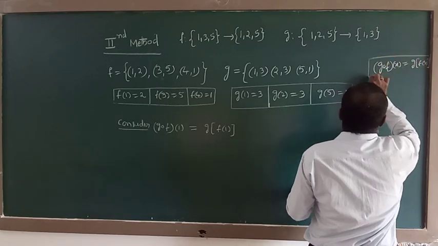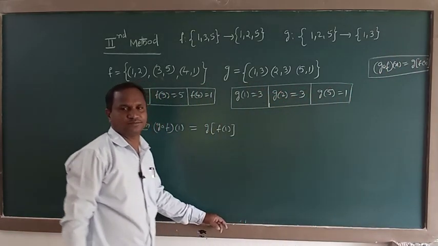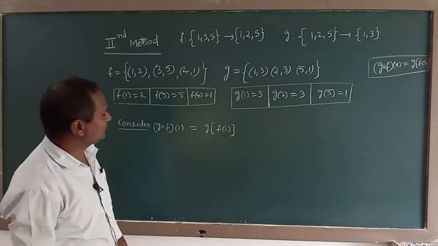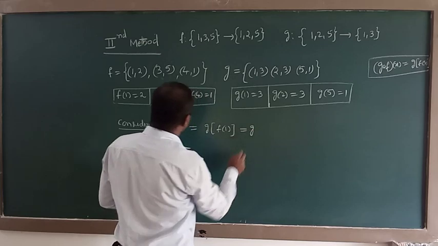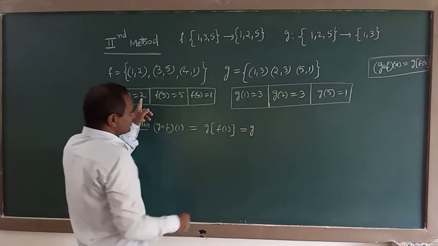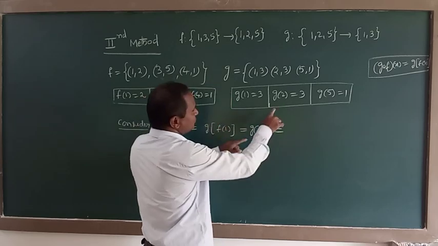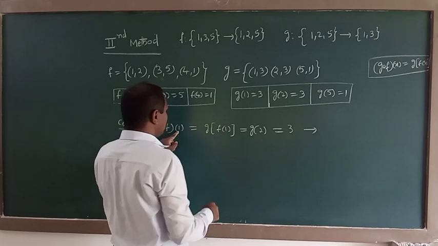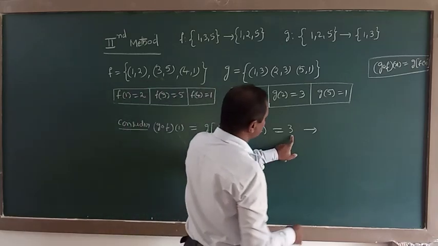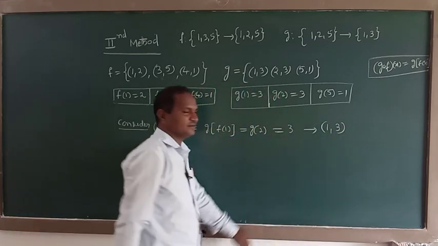This formula we have to apply. For f of 1 they gave 2, and for g of 2 they gave 3. The first element is 1, the last element is 3, so we get one ordered pair, 1, 3.